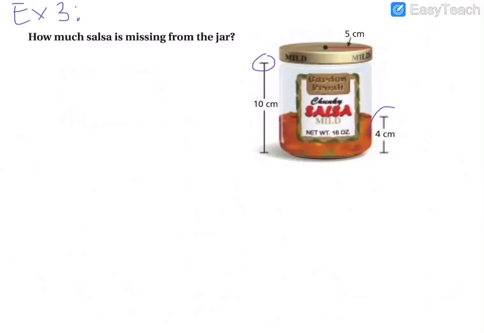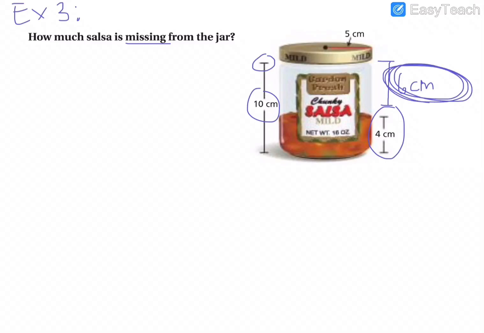But anyways, there's 4 centimeters of salsa, and the space inside is 10 centimeters, so we know that that's a difference of 6 centimeters. So to find how much salsa is missing, we would be using the 6 centimeters. So volume is going to be pi times the radius, which they gave us, squared, times 6.